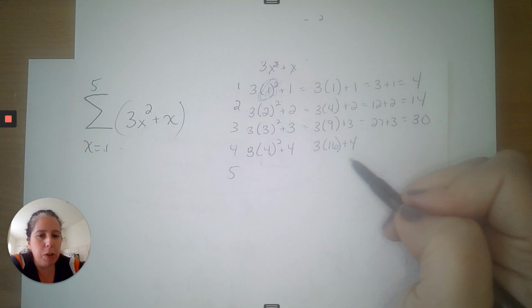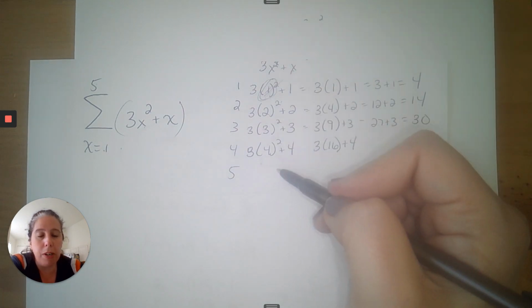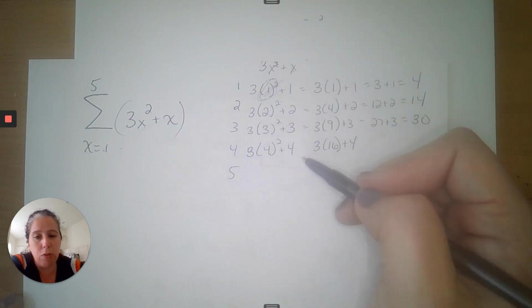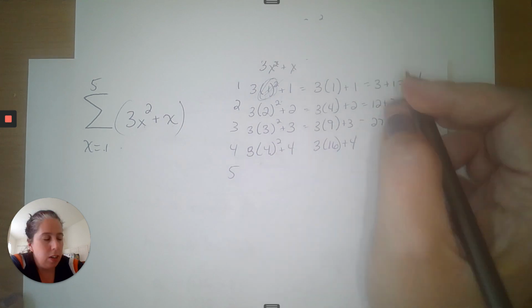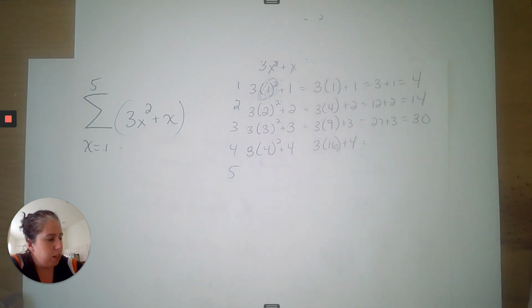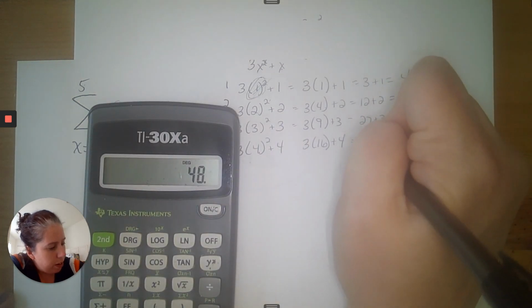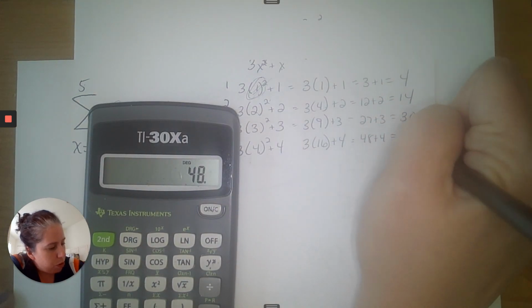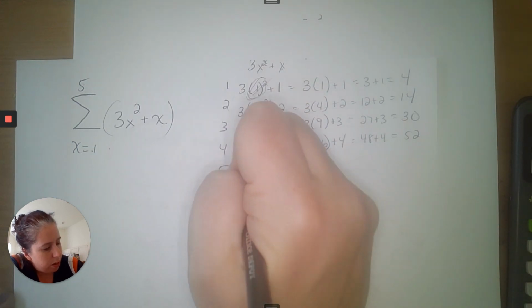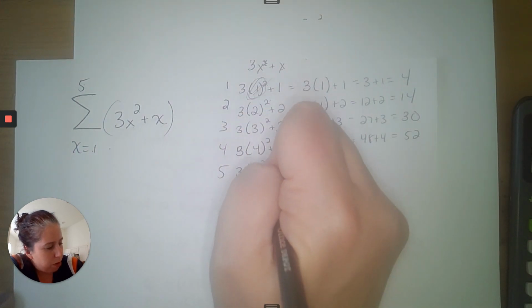Just be careful when you're doing these. What tends to happen is you rush through them, and even I do it, and then you start putting things in the wrong place, just kind of like I did right there. So be careful. Okay, so 3 times 16 is 48, plus 4 gives me 52. And then 3 times 5 squared plus 5.